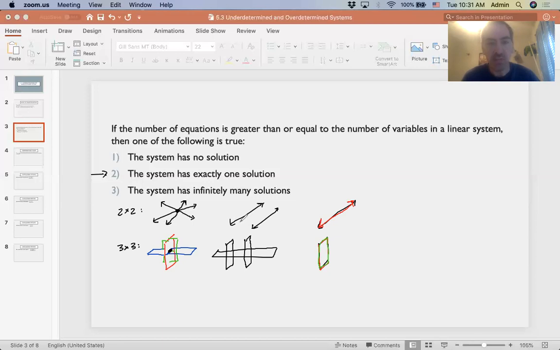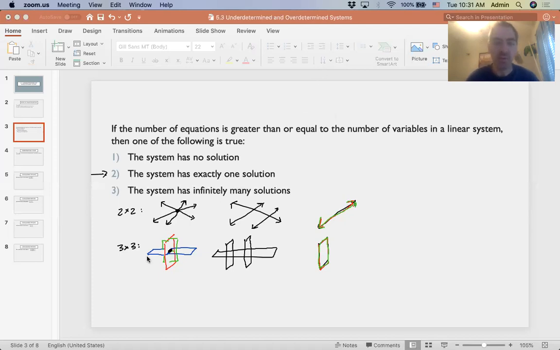We could still have no solution, because we don't have a common point of intersection with all three lines. And we could also have infinitely many solutions if that third line coincided with the other two.